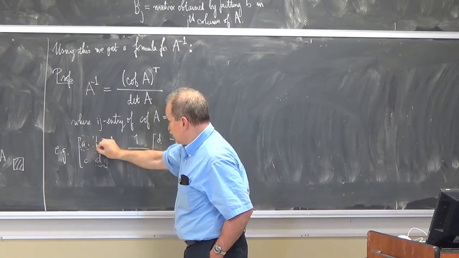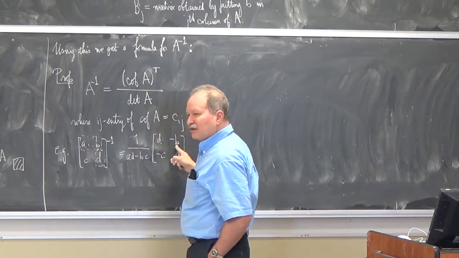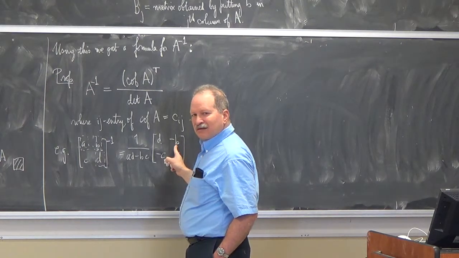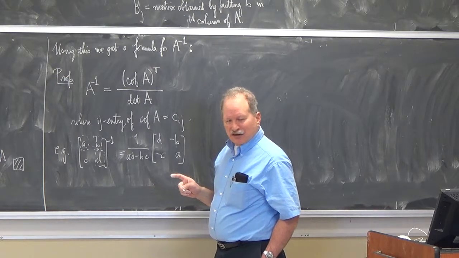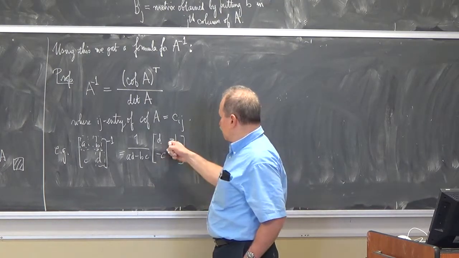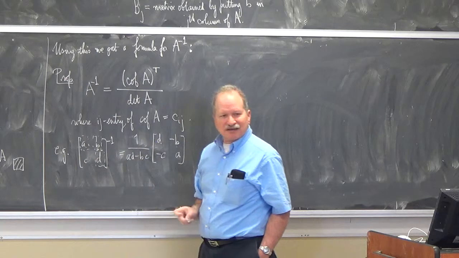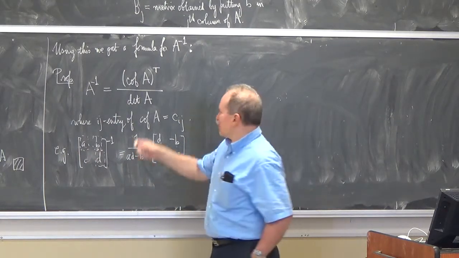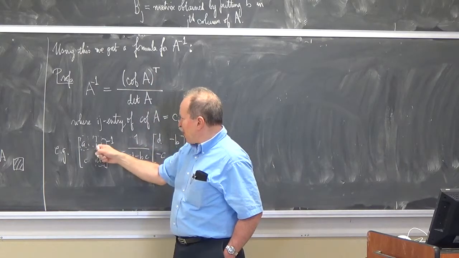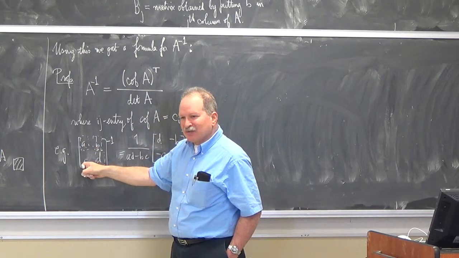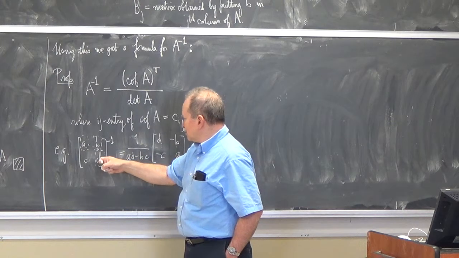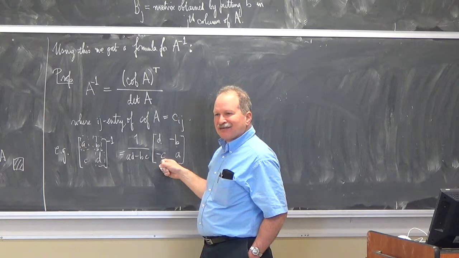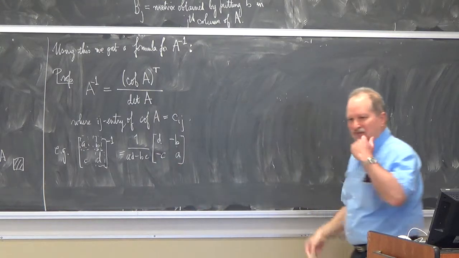This ends up where it was with a minus sign. Why? Because i plus j is 3. So you're in the 1, 2 slots, you get a minus sign, but why is it a B instead of a C? Because of the transpose. So the cofactor of this guy is minus C, but then you transpose, so instead of putting the minus C here, it goes down there. There it is. And so it works for n by n's.